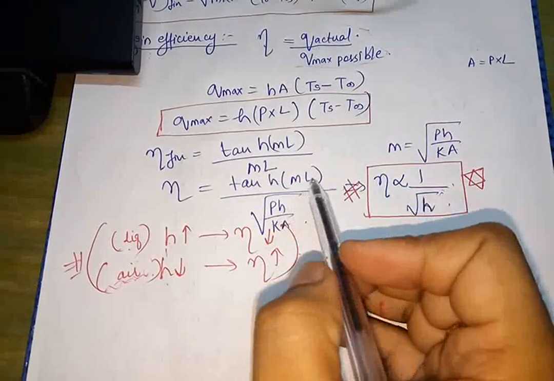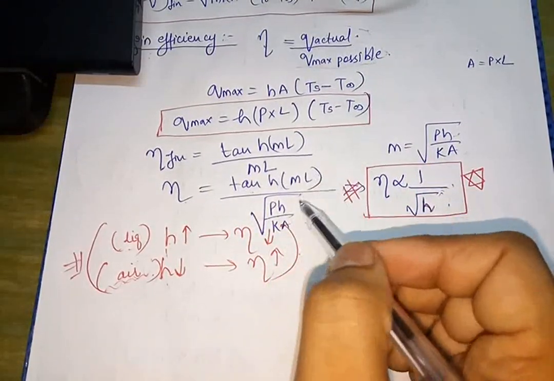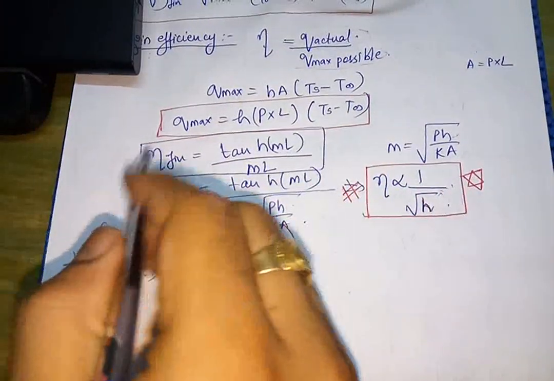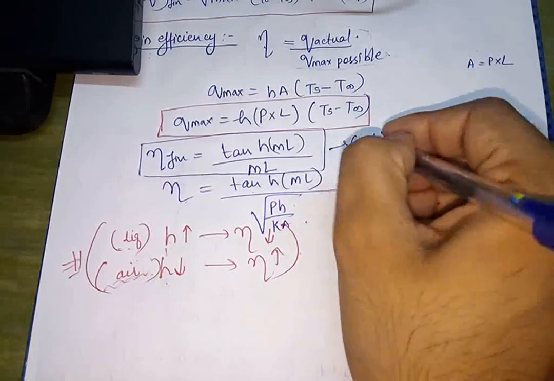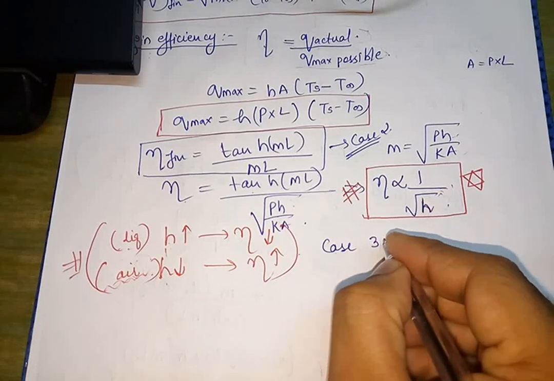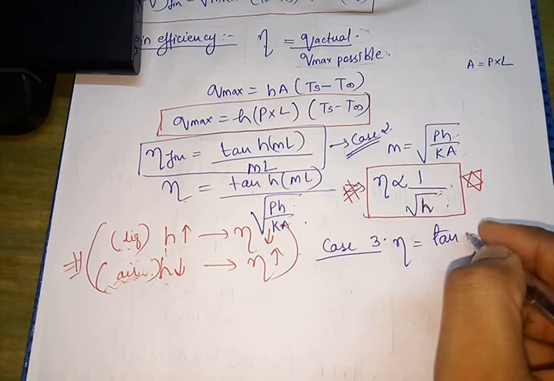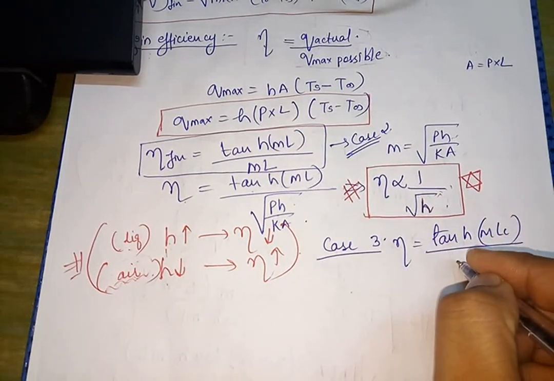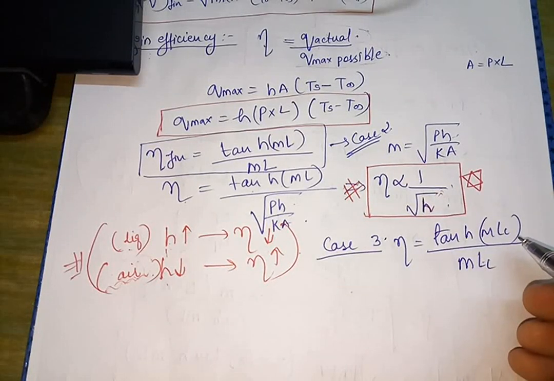The formula that we have obtained here, efficiency equals tanh(ml) upon under root hP upon kA, was for case 2. Now if we discuss case 3, then efficiency equals simply tanh(m Lc) upon m Lc, where Lc is the corrected length.